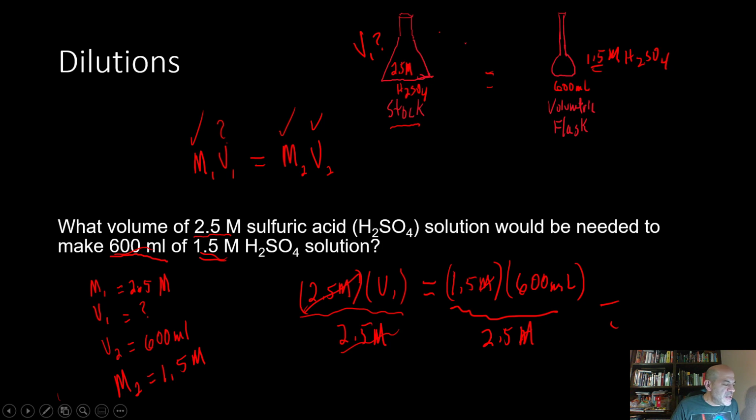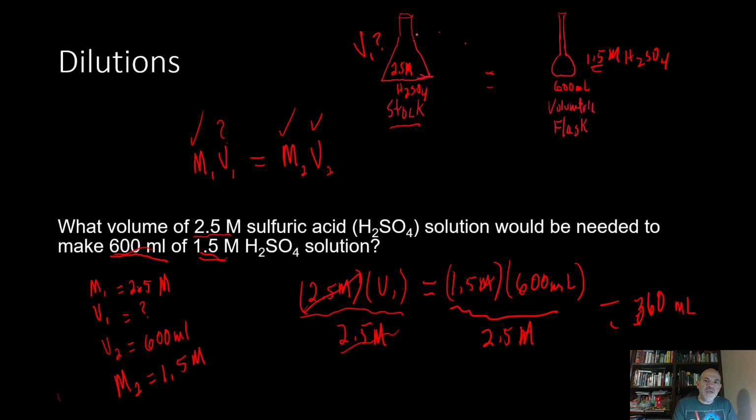So now with a calculator, just do the magic there. 1.5 times 600. And then order of operations, right? It's all multiplication and division. And then finally, you just divide by 2.5. And that tells us that if we were going to make this 600 milliliters of 1.5, how many milliliters of the stock would we need to get? We would need to get 360 milliliters.